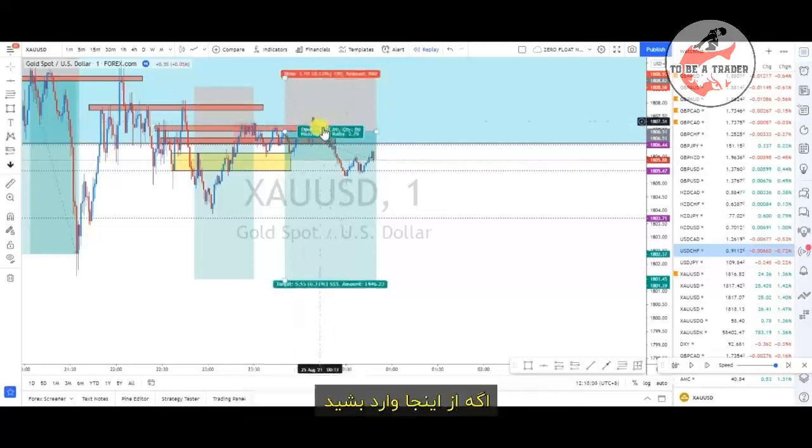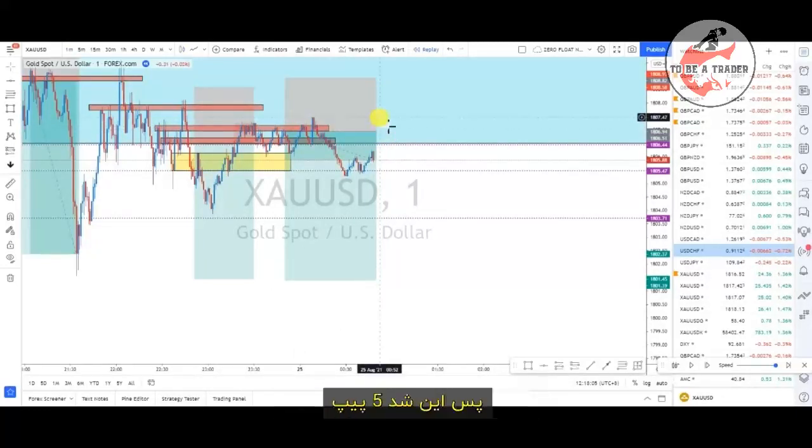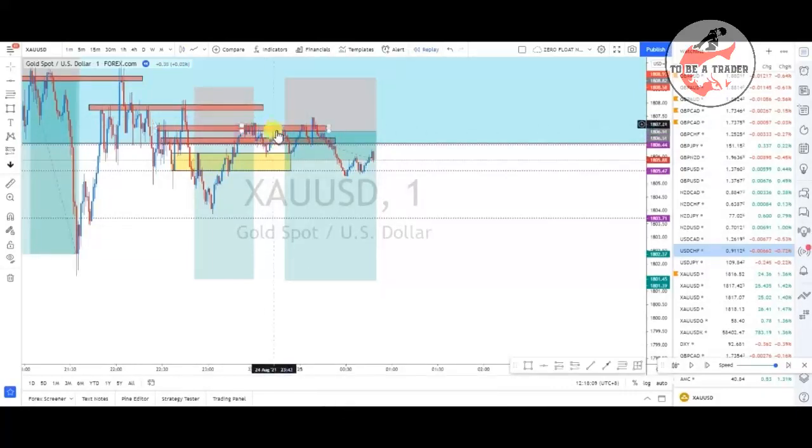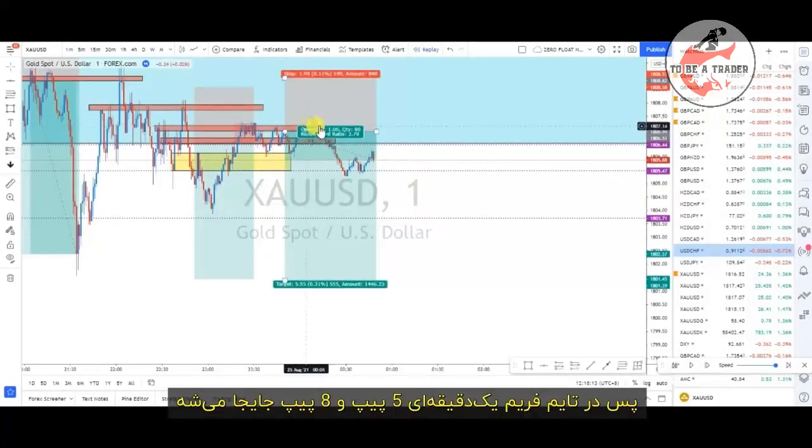If you enter from here, the price will only float around 5 pips. So this one is 5 pips, this one is about 8 pips. So 5 pips, 8 pips floating on a 1-minute time frame temporarily is okay.